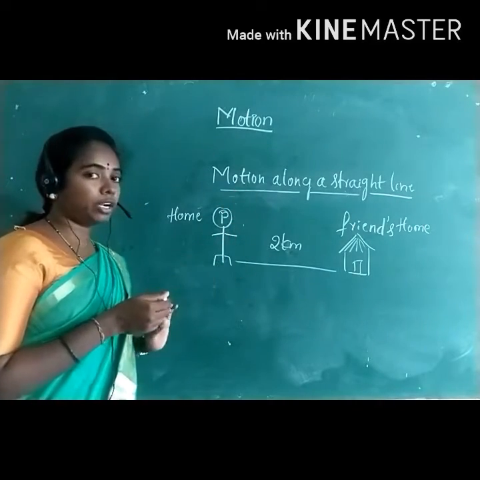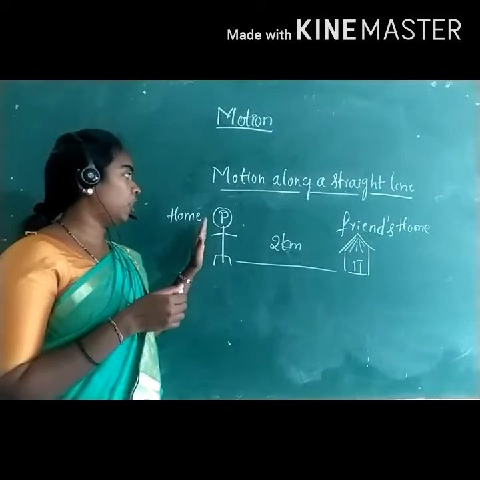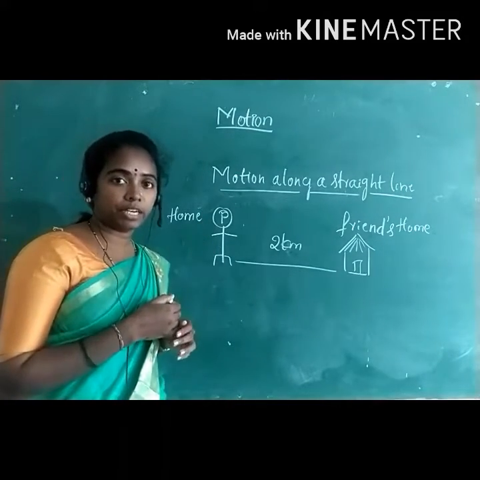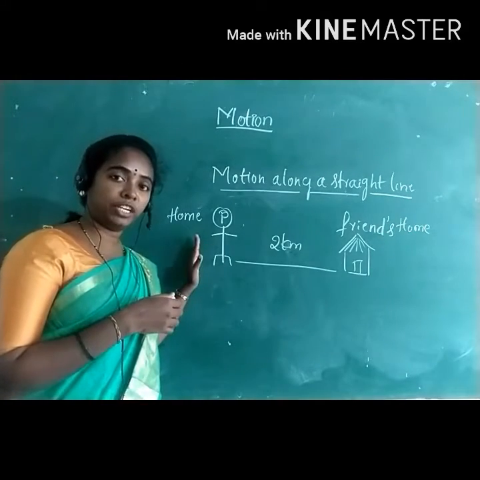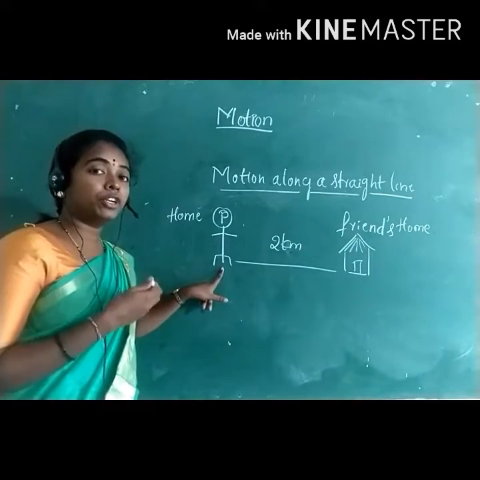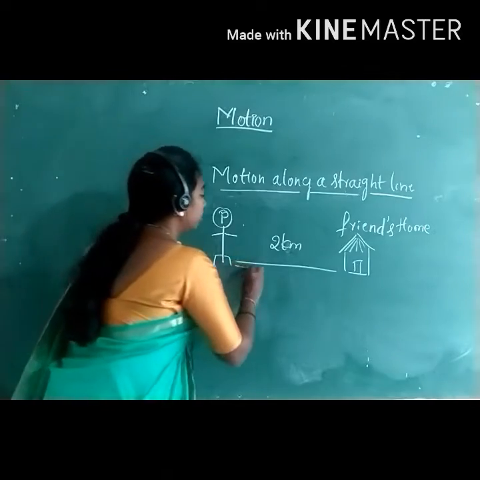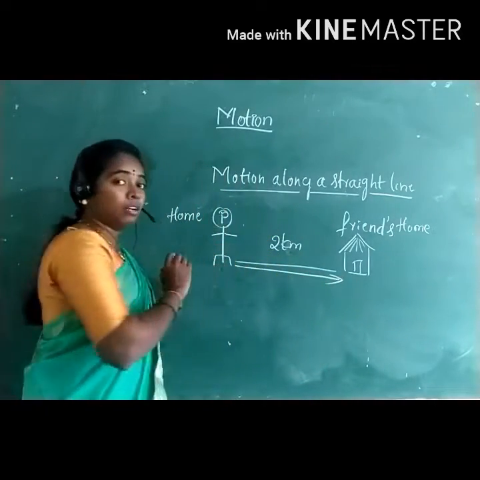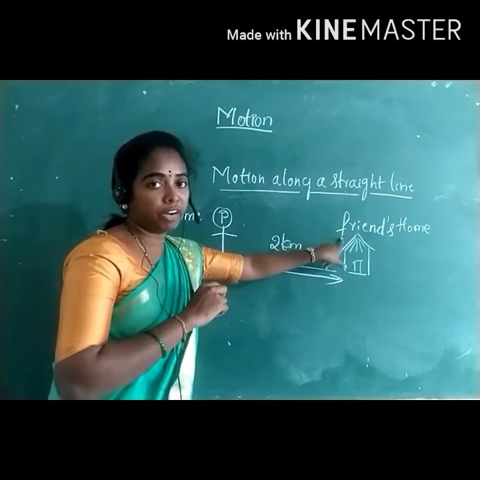Distance is the total path traveled by the object in a given time, or the actual path covered by the object during the motion. So here the actual or total path covered by the person is 2 kilometers when he traveled from his home to the friend's home.